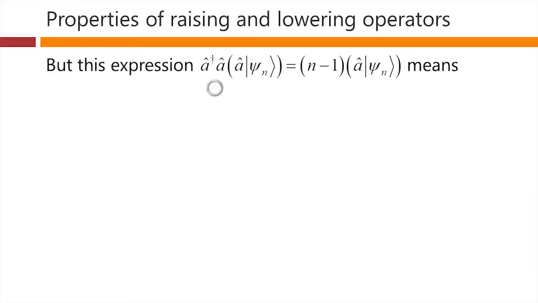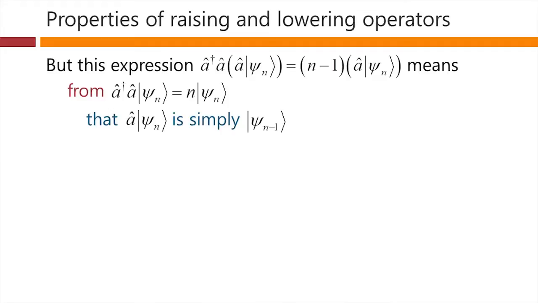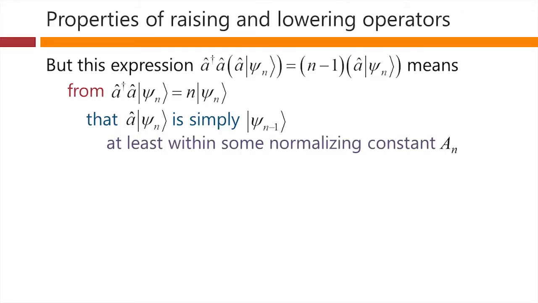But this expression we've just worked out means that, from our number operator expression, A operating on psi n is simply psi n minus 1, at least within some normalizing constant, A n. Simply from our number operator expression, A dagger A operating on some state, giving us n minus 1 times the same state, means that state is state n minus 1.